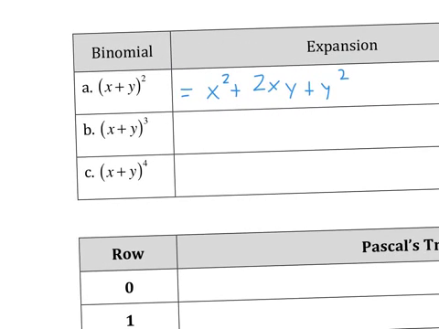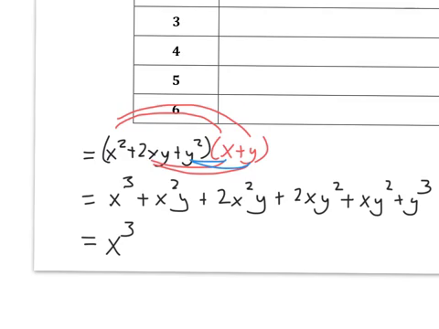Well, we already know that this is going to be x squared plus 2xy plus y squared, times another x plus y. x plus y times x plus y times x plus y, because there's 3, is going to give me x plus y squared times another x plus y. So take a moment to distribute those and see what you get. If there's not room there, you can use the very back of the pages, or the bottom there.